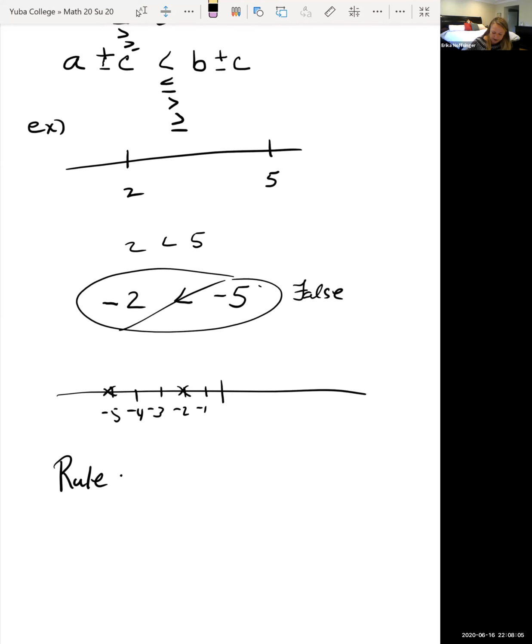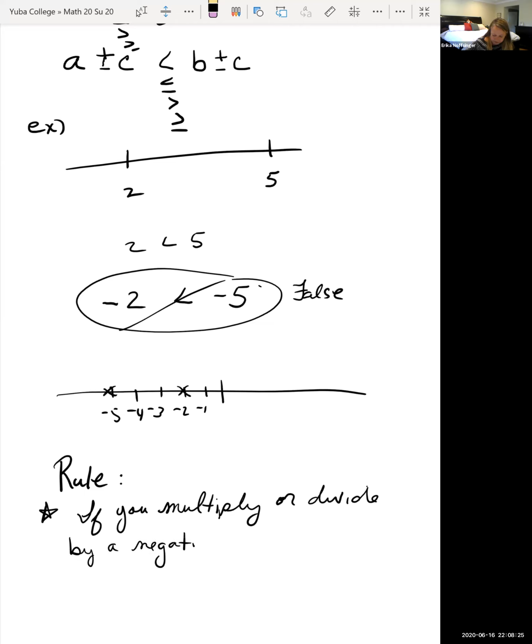If you multiply or divide by a negative number, you must flip the direction of your inequality.